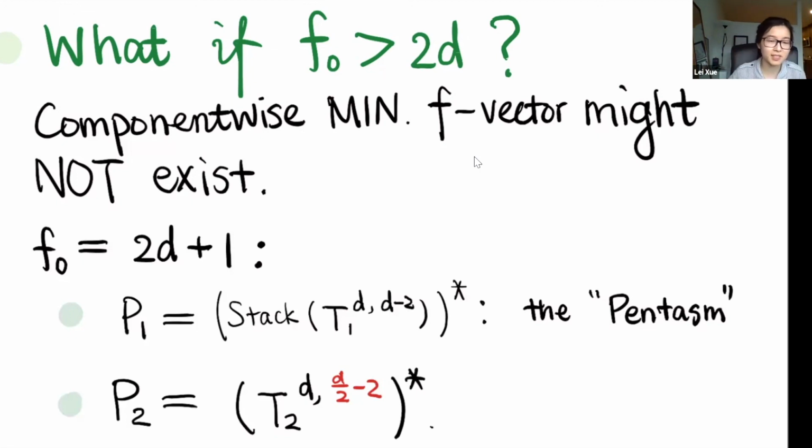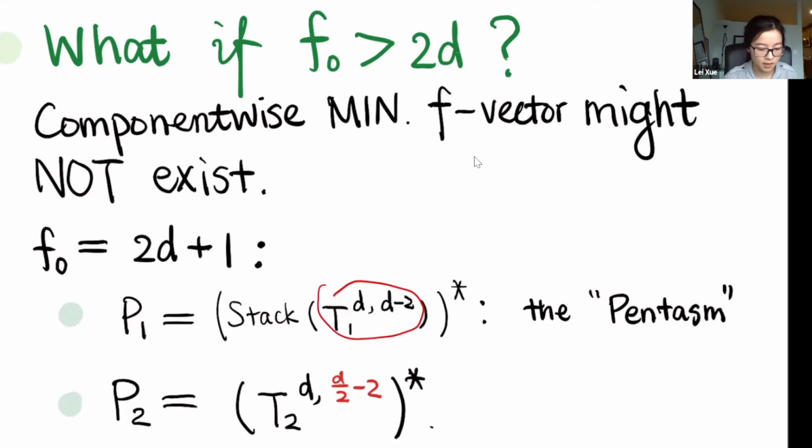So if the vertex number is 2D plus 1, we can look at the following 2 polytopes. The first one is what you get by starting from this familiar polytope, you stack over a simplex facet of it, and then you dualize.